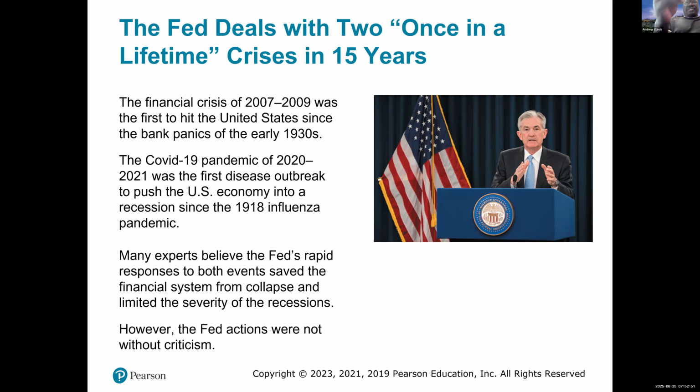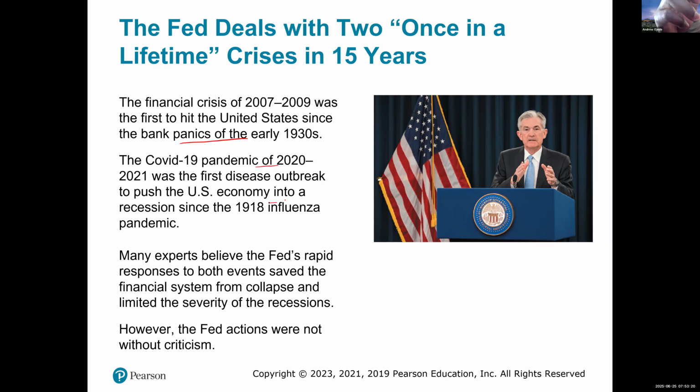So the financial crisis of 07, 09 was really deep. It was the first to hit the United States since the bank panics of the early 1930s. It was so deep that it was comparable to the Great Depression of the 1929, 1930s. The COVID-19 pandemic of 2020-21 was the first disease outbreak to push the U.S. economy into a recession since the 1918 Spanish flu influenza pandemic.